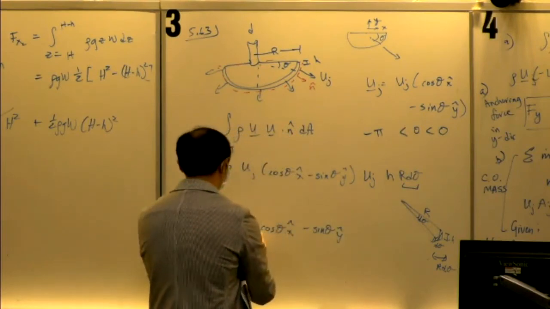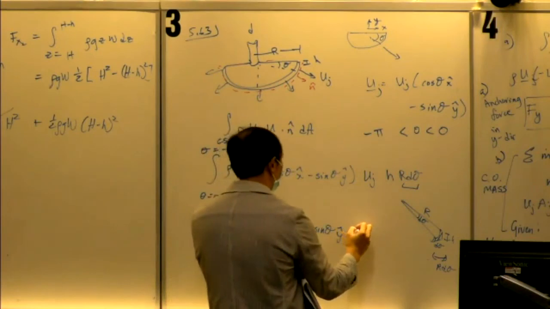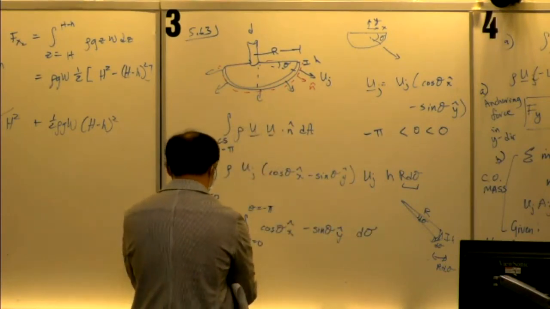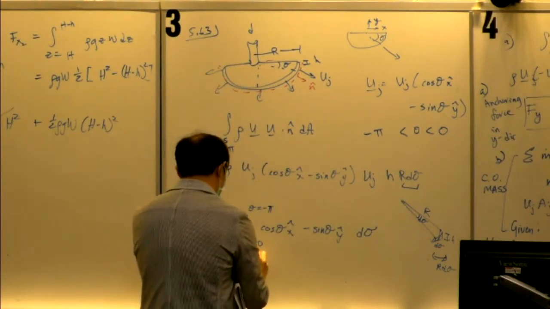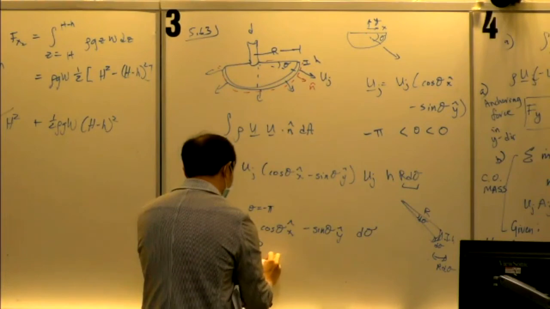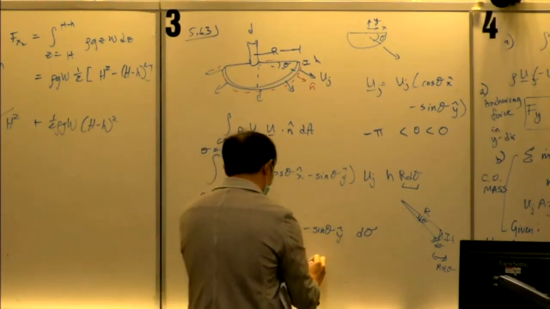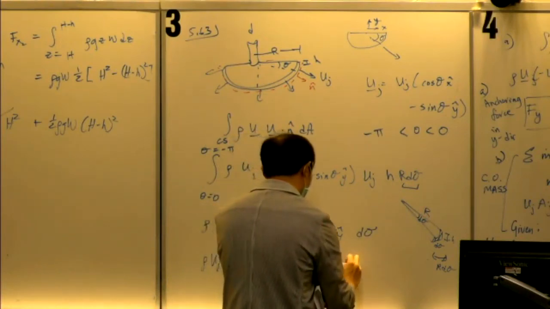Theta is equal to 0, theta is equal to negative pi. All right, and d theta. So rho uj squared h r, negative sine theta x hat minus cosine theta y hat.